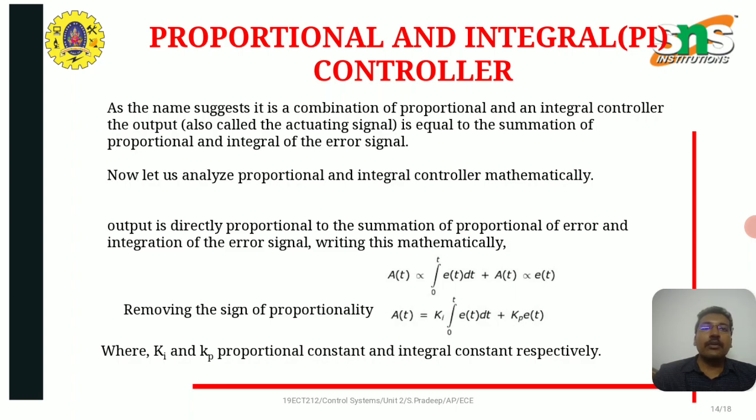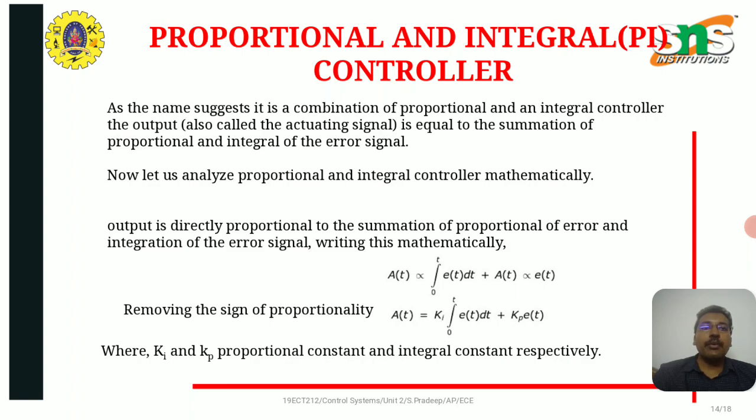Proportional and integral controller. As the name suggests, it is a combination of a proportional and an integral controller. The output is equal to the summation of the proportional and integral of the error signal. Now let us analyze the proportional and integral controller mathematically.